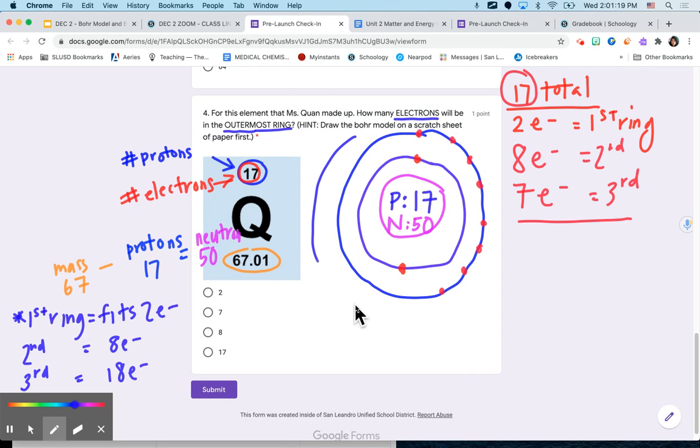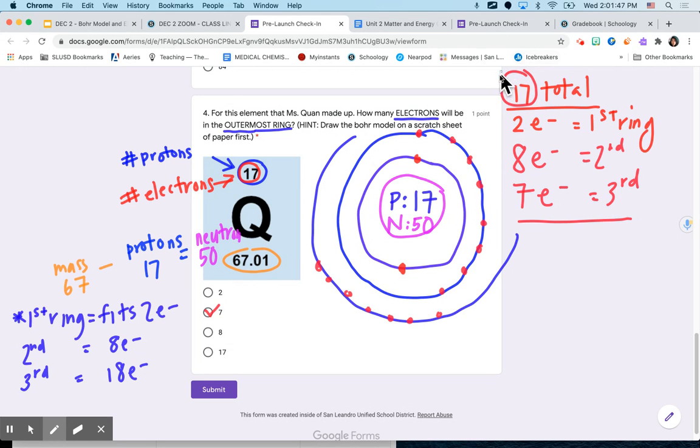Right? So therefore, in this last ring, I will have 1, 2, 3, 4, 5, 6, 7. Right? 7 electrons in the outermost ring. Because in the first ring, I can fit 2. The second ring, I can fit 8. That totals up to 10.